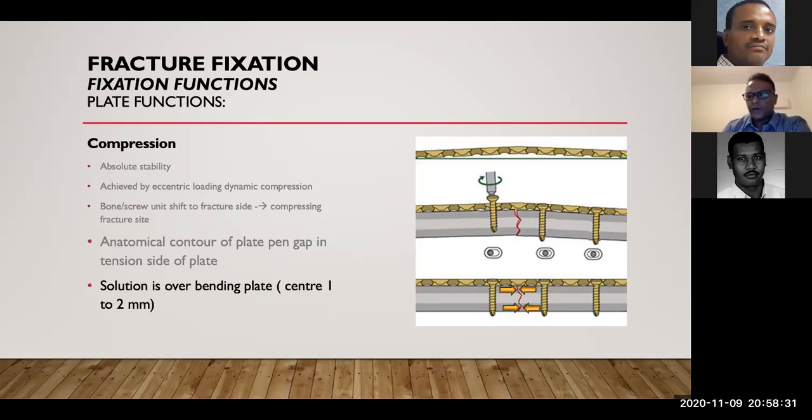And when we fix the first side of the plate, this will have compression on the tension side. And then when we put our compression screw, the compression all over the bone will happen. And this is a solution for this problem.